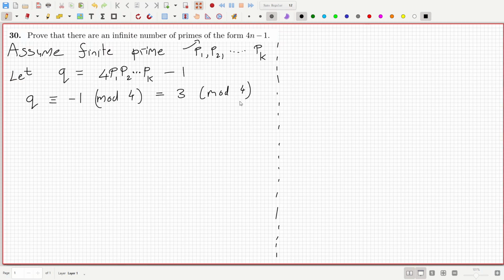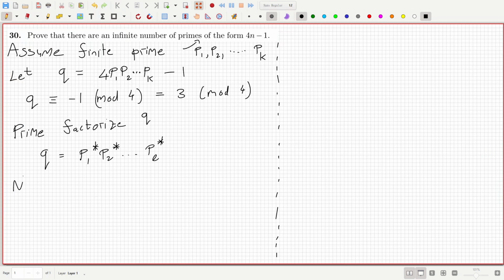Okay. Now, let's prime factorize q. Oh, and of course, none of these p's can be dividing q. So q will be a product of primes. Let's just call them p1, p2, up to p_l star.